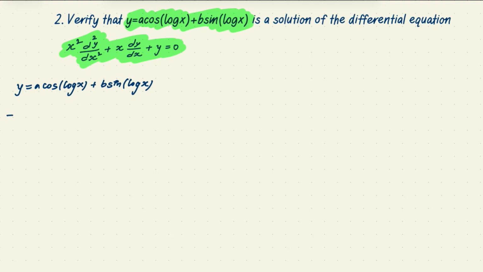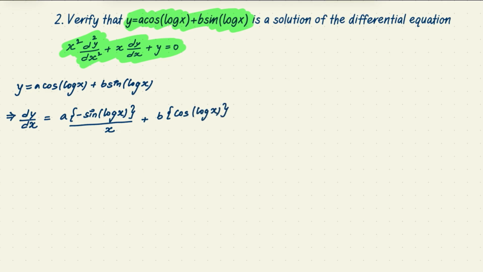So differentiating both sides with respect to x, we will have dy over dx equals a is constant, and d/dx of cos log x is minus sin log of x, and due to the chain rule d/dx of log x is 1 by x, plus b is constant, and d/dx of sin of log x is cos of log of x, and by the chain rule d/dx of log x is 1 by x.